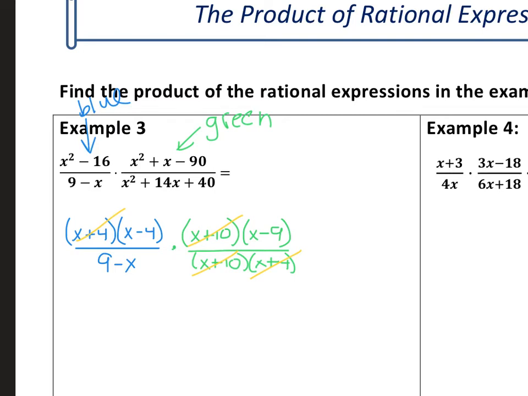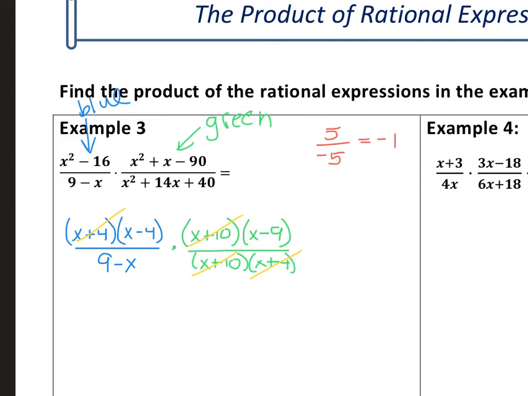So I want you to look very carefully at this, 9 minus x and x minus 9. If I said what would be, for example, 5 divided by its opposite, 5 divided by its opposite is a negative 1. And that's exactly what we have here.